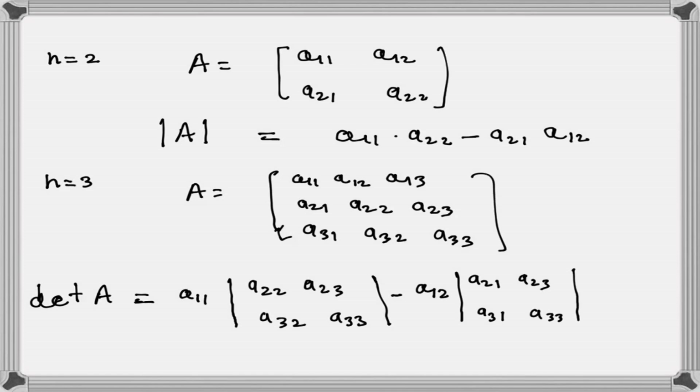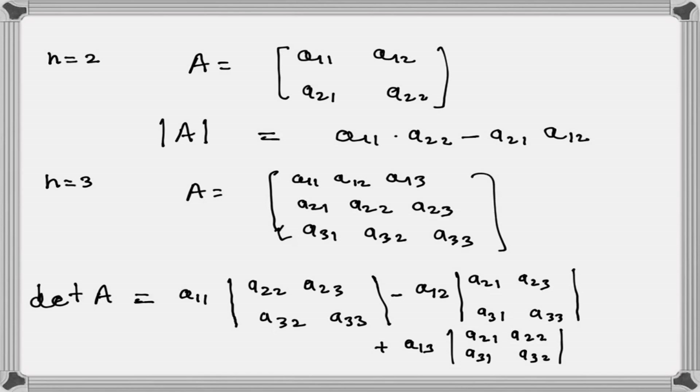Plus A13, the third one, and we delete the first row and the third column, and we get the following submatrix: A21, A22, A31, A32. So this is how we calculate the determinant of a 3 cross 3 matrix.